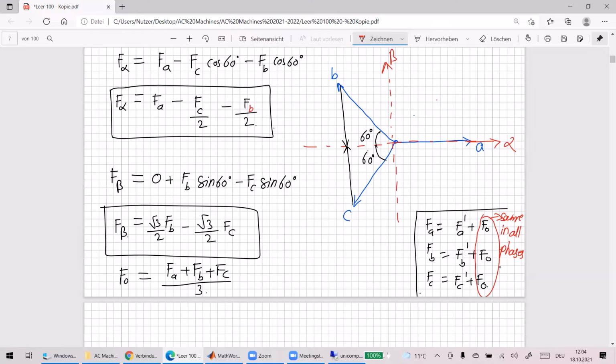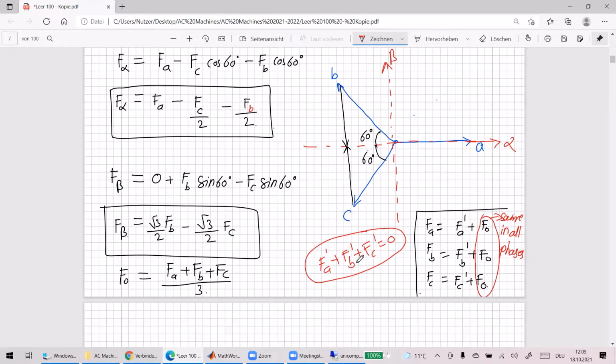So this is how you find the zero sequence, because this FA dash, FB dash, FC dash will be either positive sequence or negative sequence. So for positive and negative sequence, the zero component is always zero. So they add up always to zero. So FA dash plus FB dash plus FC dash is always zero, and that is why you can find F naught like this.